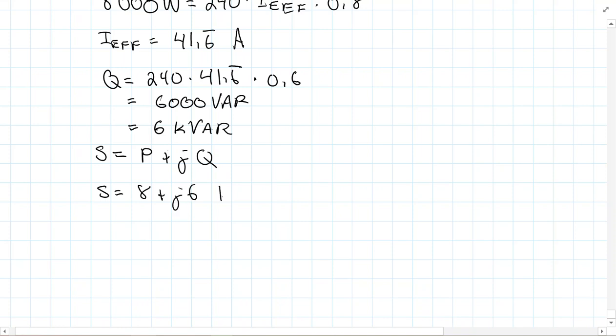The units for complex power are volt-amps, so I'd have 8 plus j6 kilovolt-amps. And again, the reason we have all these different units is so that we can keep things straight. If you see just a volt-amp, that's usually referring to a complex power. Volt-amp R is reactive power. Watts are average power that's actually useful to us.